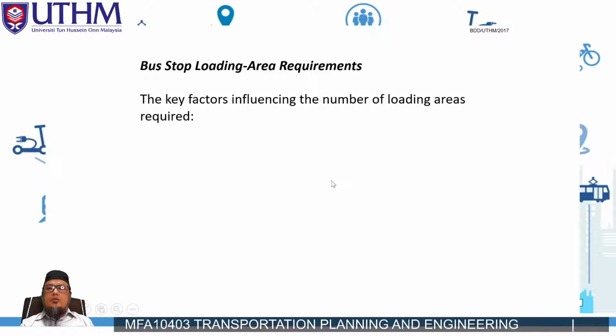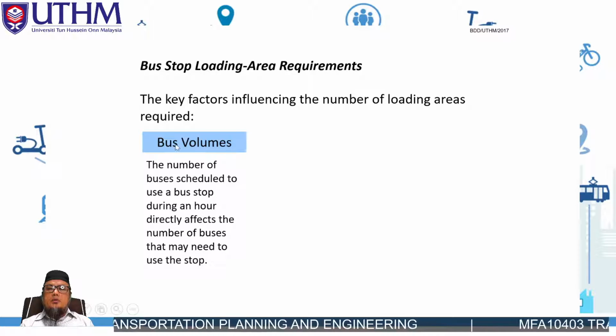Okay, loading area requirements. The key factors influencing the number of loading areas required. First, bus volume, the number of buses scheduled to use a bus stop during the hour directly affects the number of buses that may need to use the stop.